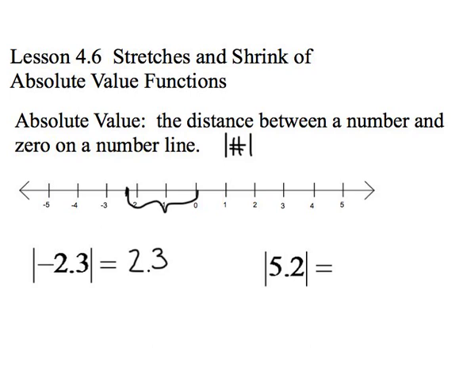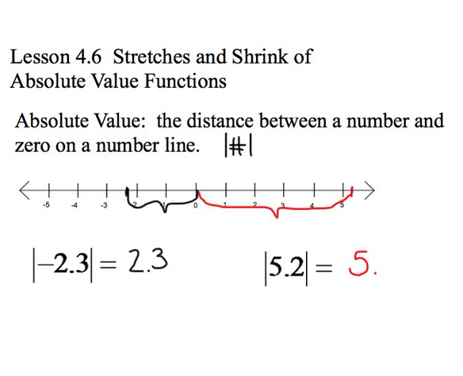Now, what about the absolute value of 5.2? Imagine that 5.2 is located right here on the number line. Well, the distance between 0 and 5.2 is a positive 5.2.